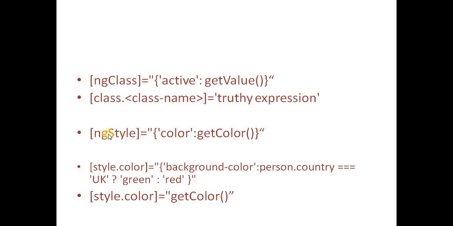The same way for style also, you can write ngStyle equal to the style name and the expression which returns the value in the form of a function, or you can directly write the condition here itself in the place of the value. Another way is style dot the style name, whether it is color or background or any other thing, and you can just write the function directly here.